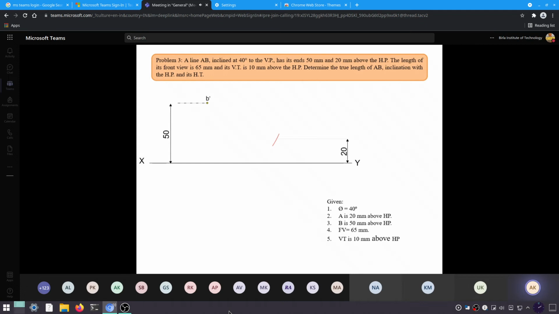Okay. So we have fixed some point B dash from here. And we have opened our compass and marked 65 mm on the lower locus to obtain A dash. So we got a line over here.